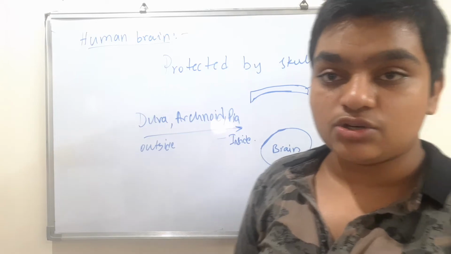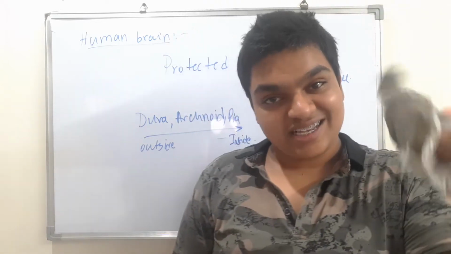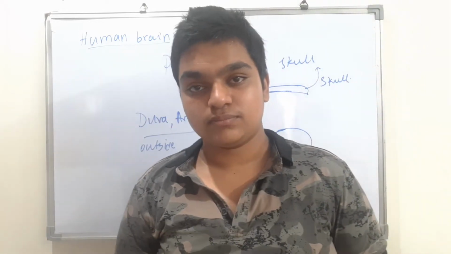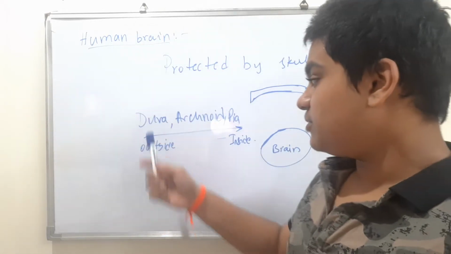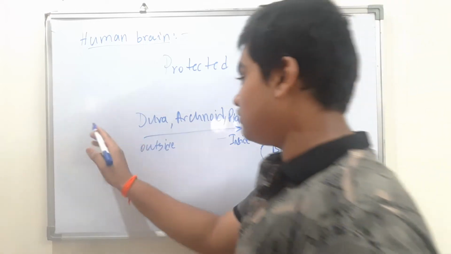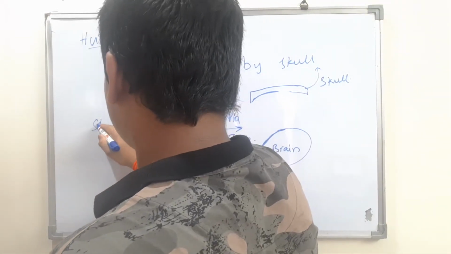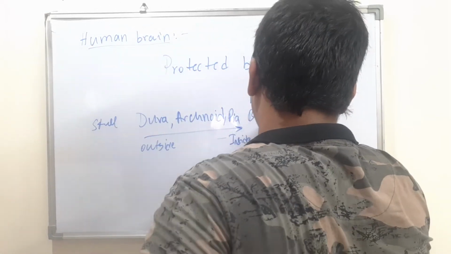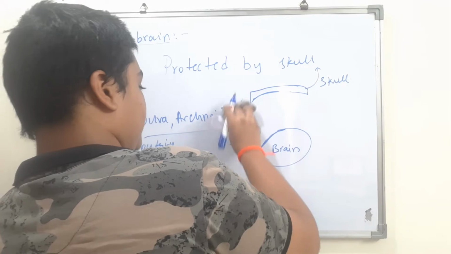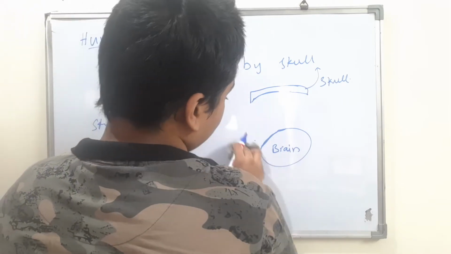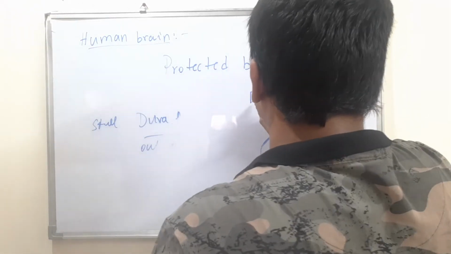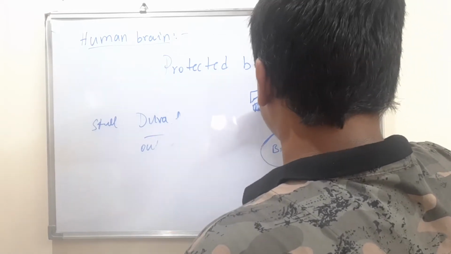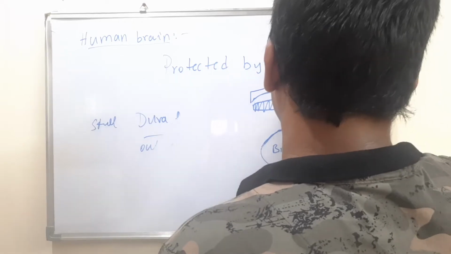They can also ask you the meninges which is just below the skull. These are the three meninges. In front of this you have your skull, and after the pia mater we have our brain. Now let me show you in this diagram. This is your skull. Below the skull is the dura mater, this zigzag line.